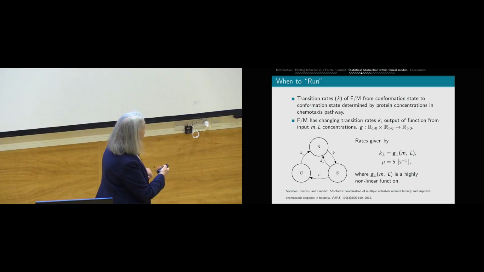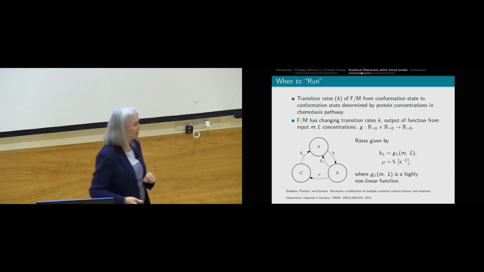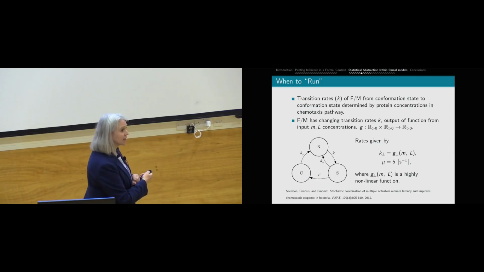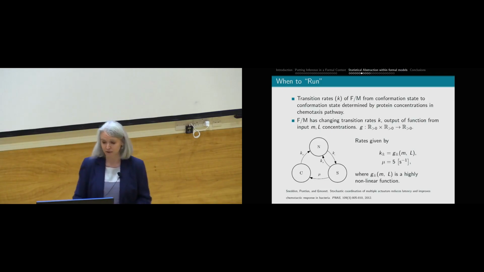And these functions are highly nonlinear, and they're parameters of a Markov chain, but they're very complicated functions. And we take it from this paper by Sneddon et al. of what those functions should be.